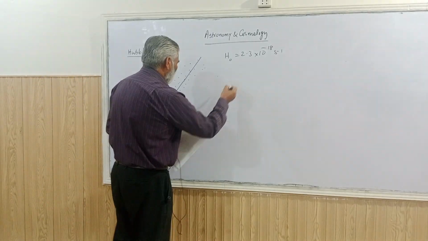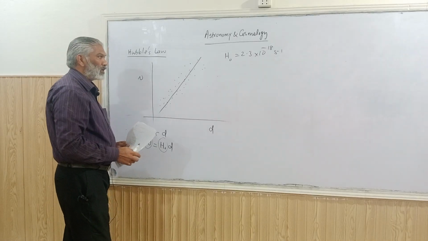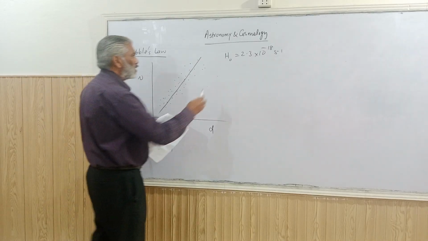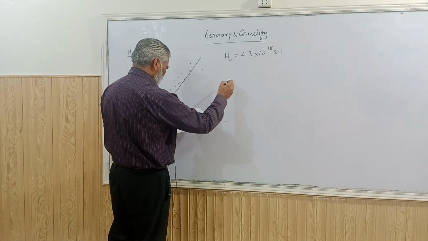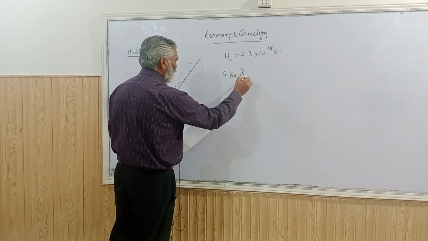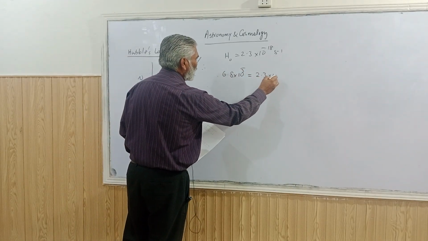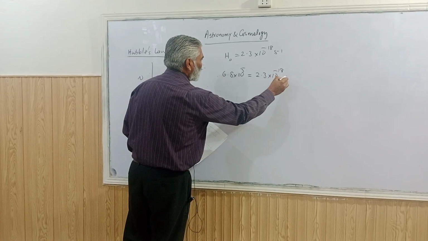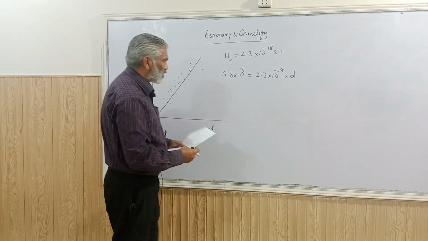So 6.8 into 10 raised to power 5 is equal to the Hubble constant, 2.3 into 10 raised to power minus 18, into distance. So I want to know the distance of that star from us.